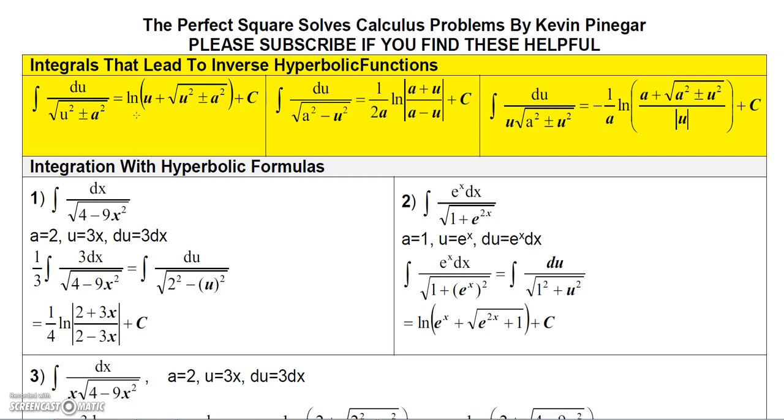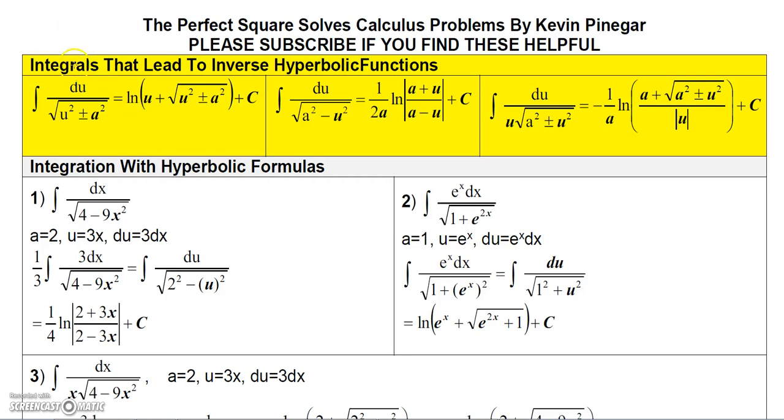And if you think, what is the inverse of e to the x? It's natural log of x. So if the hyperbolic functions are functions involving e to the x, then it would make sense that the inverse hyperbolic functions would involve natural logs.